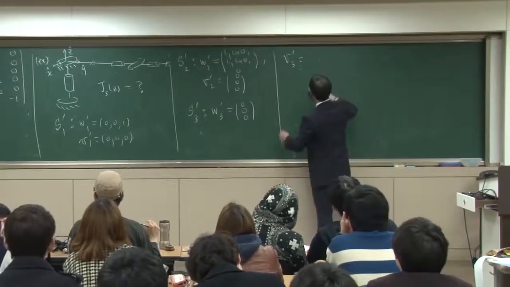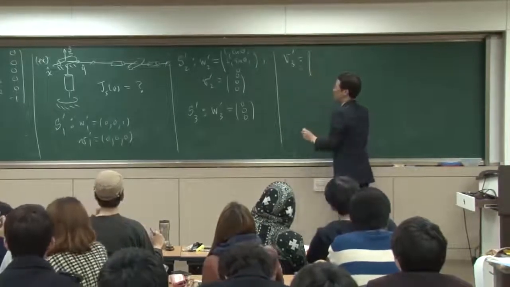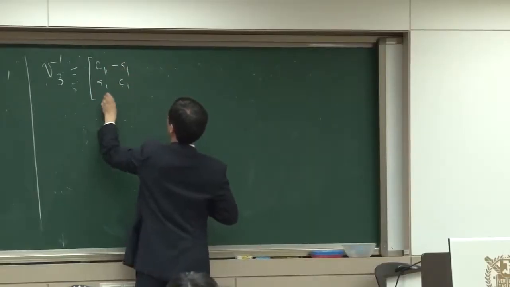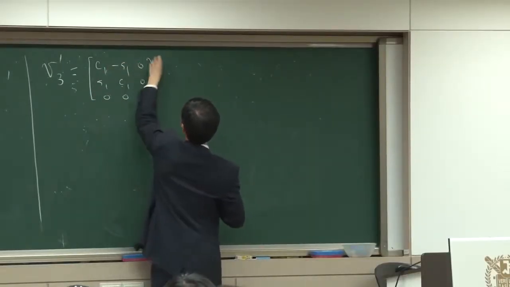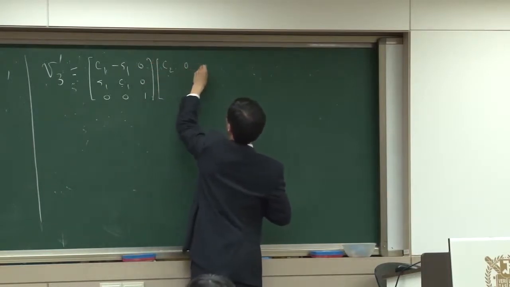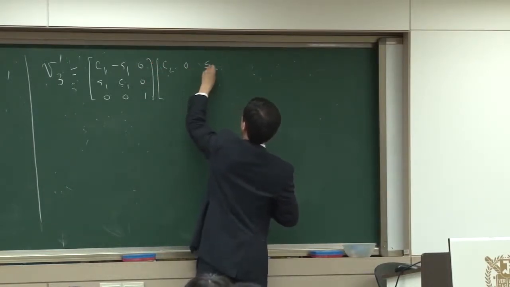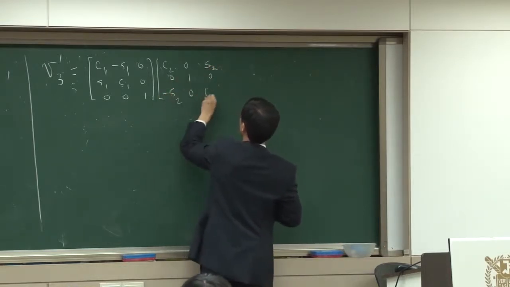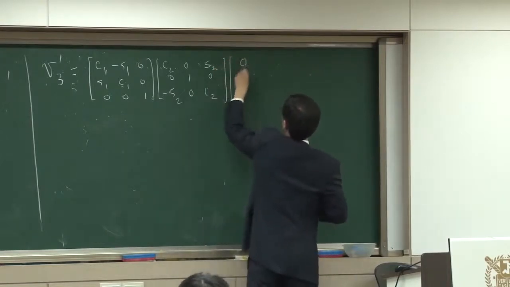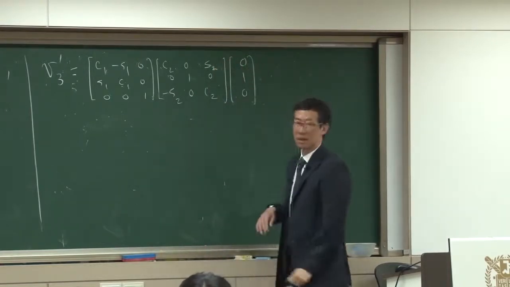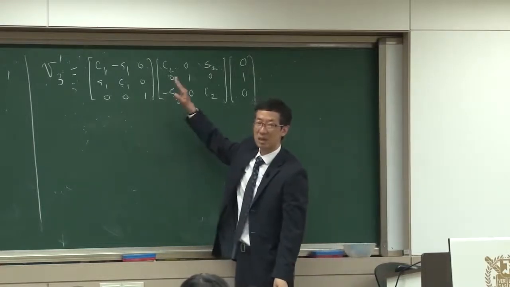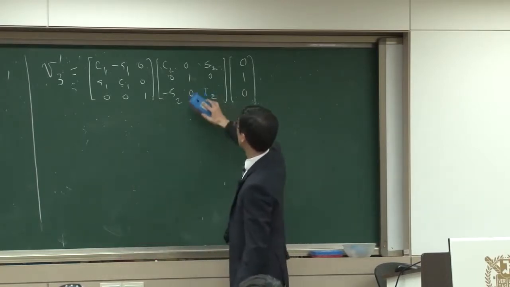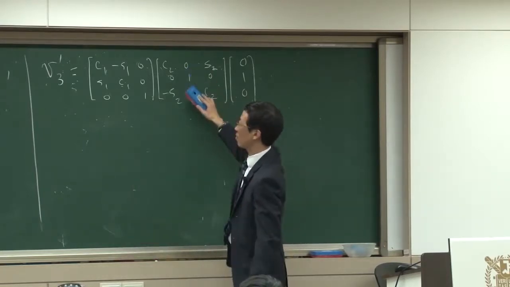So I don't think anyone's going to get mad if I write the product of rotation matrices: C1, minus S1, 0; S1, C1, 0; 0, 0, 1, times C2, 0, S2... Okay, so it's rotation around Z, rotation around Y. This should be rotation around X, right?